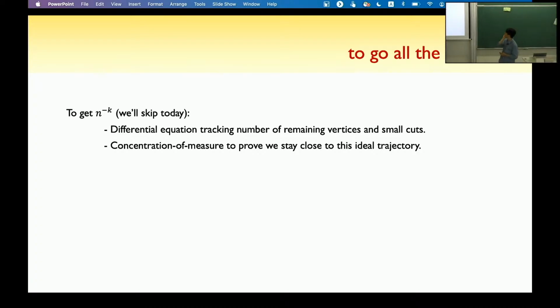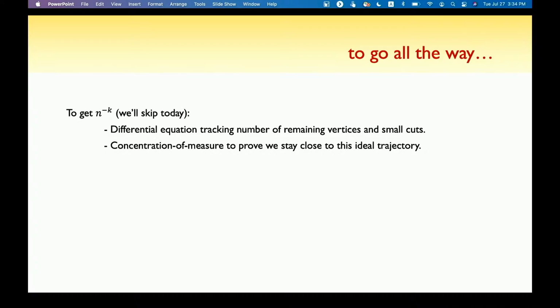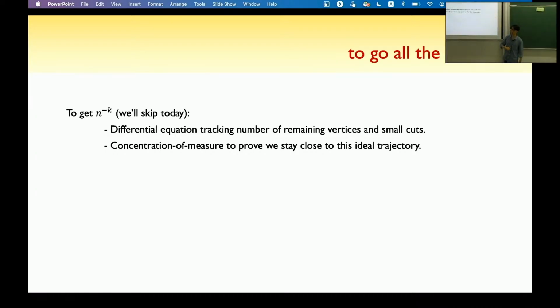Of course, to get all the way down to n to the minus k, we set up a differential equation, tracking the expected number of remaining vertices and small cuts. These two quantities depend on each other, so we set up a differential equation and solved it, and it magically predicted that n to the minus k is the right answer.